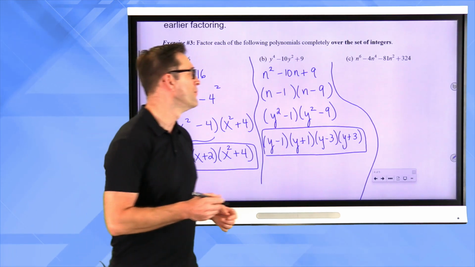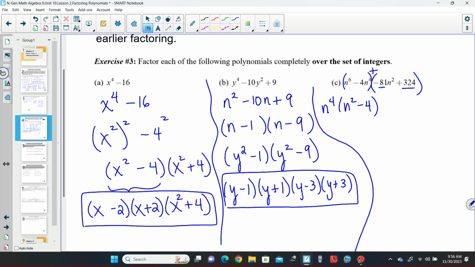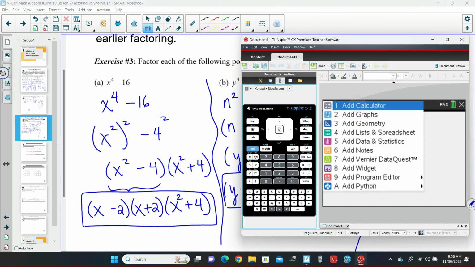All right, let's do it. So 4 terms, I'm always going to consider factoring by grouping if I'm asked to factor. We've got those first 2 terms and the last 2 terms. The first 2 terms, I can factor out an n to the 4th, which will leave me with an n squared minus 4. Now I really want an n squared minus 4 to pop out in the other one, and I have to hope that somehow 81 and 324 are related. If I'm not sure, I'm going to pull my calculator out.